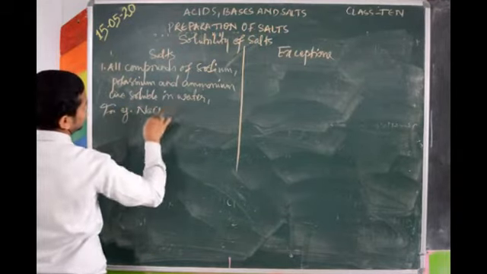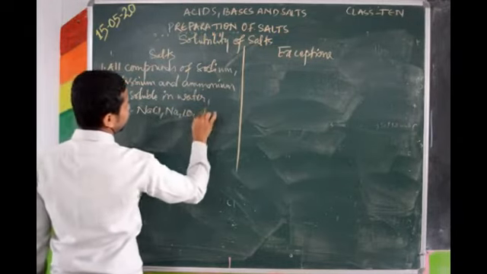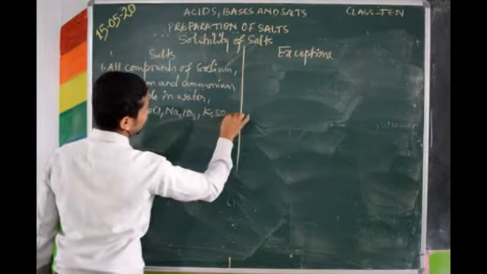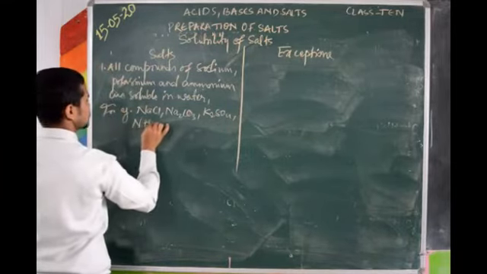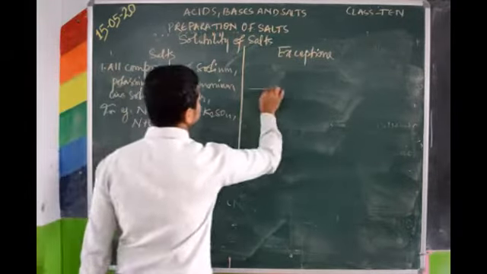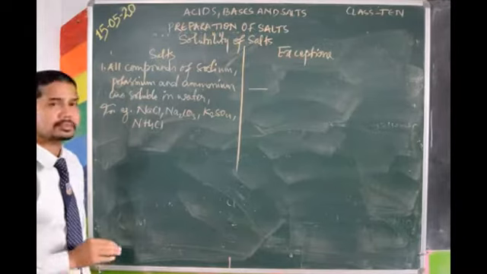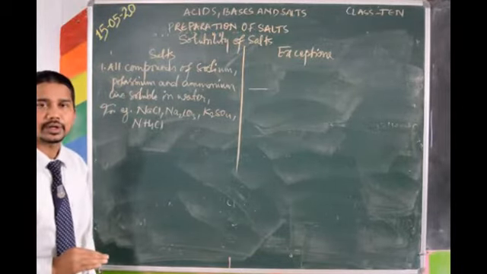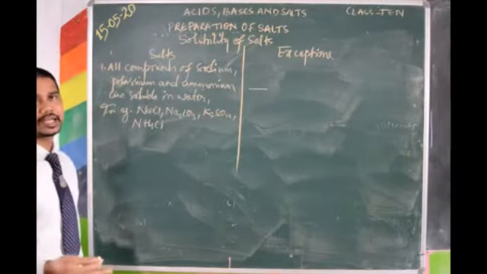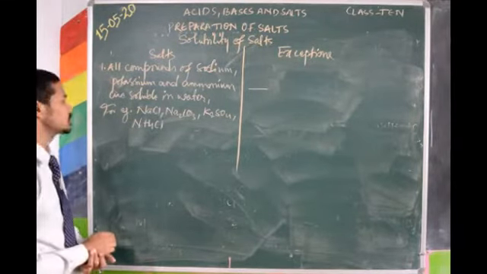NaCl, Na2CO3, K2SO4, NH4Cl, all these are soluble in water, and there is no exception. That means all the compounds of sodium, potassium and ammonium are soluble in water. Even sodium hydroxide, potassium hydroxide and ammonium hydroxide are soluble in water.